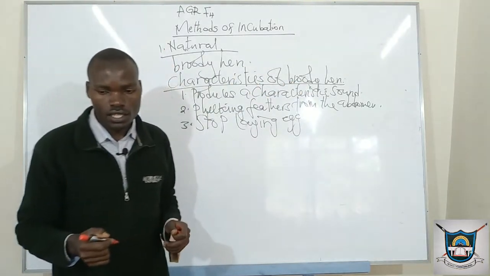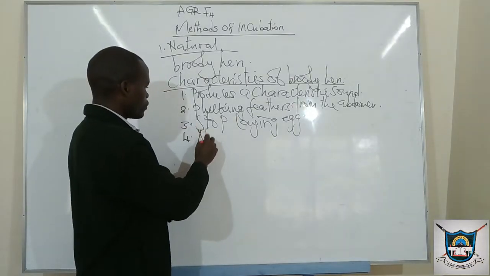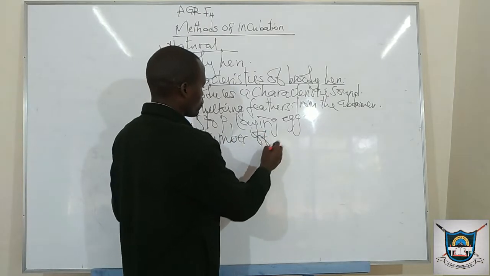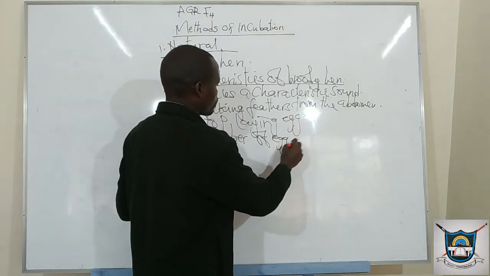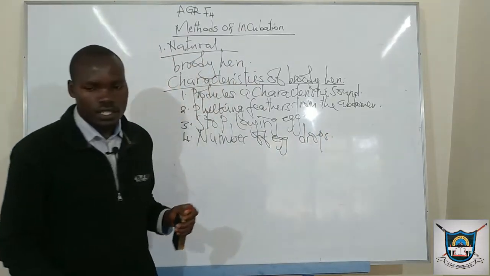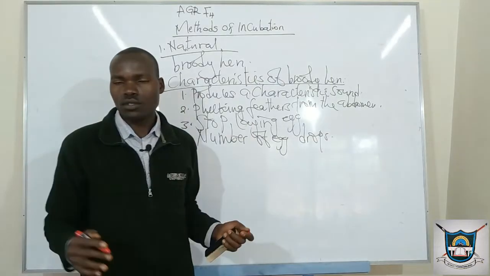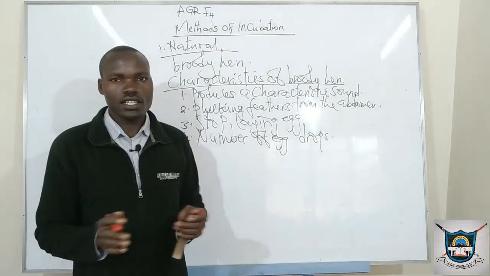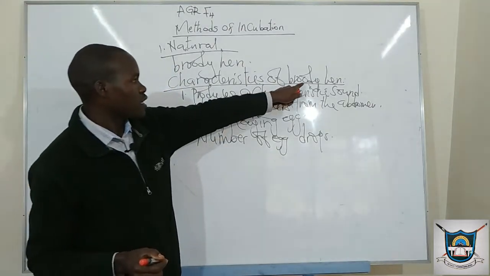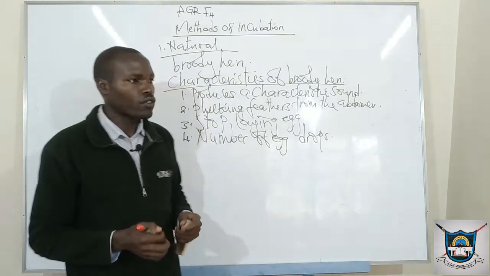The other thing is the number of eggs drops. Even if this hen used to lay every day, you may find that it is laying at an interval of a day. That means again it is starting the sense of broodiness, and therefore it has that ability to sit on the eggs.